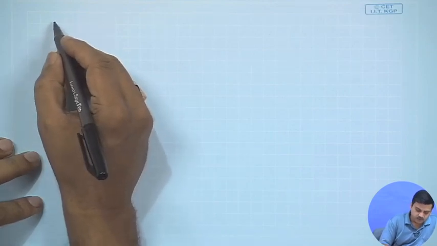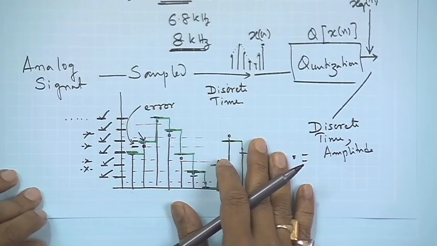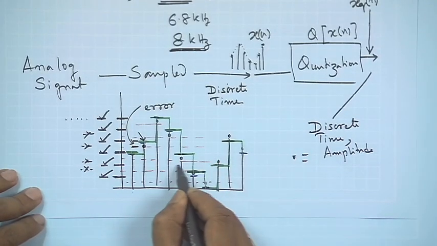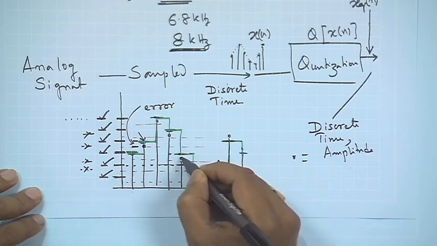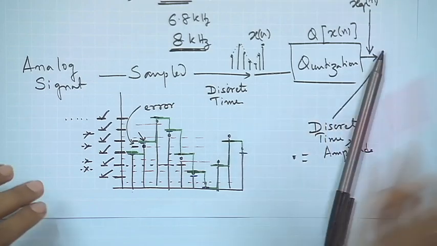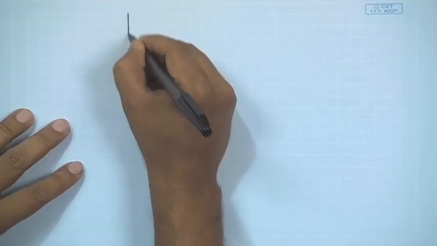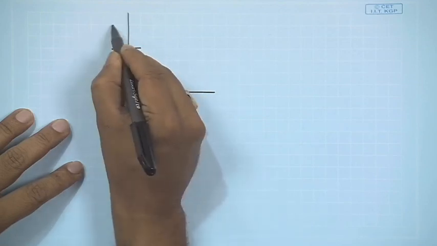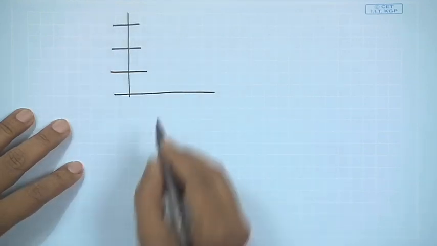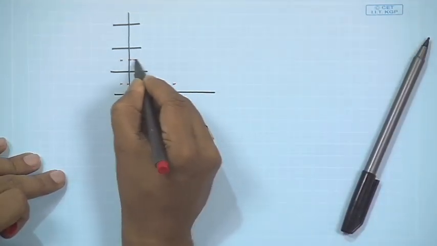So, armed with these things, we can proceed and calculate a few things. If we again see this particular picture, what we find is this error. As we said, if we have a threshold at the midpoint, let me draw this picture a little bit bigger. Let these be quantization levels and these be quantization thresholds.